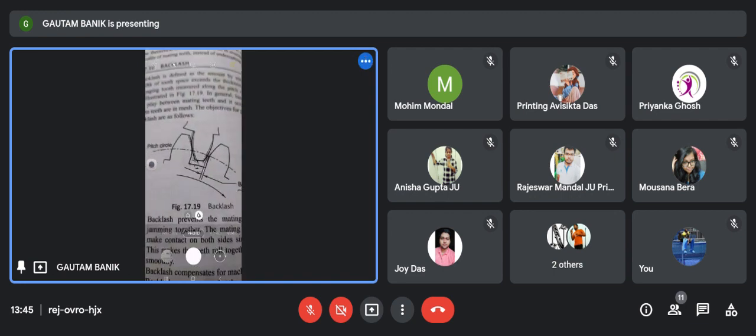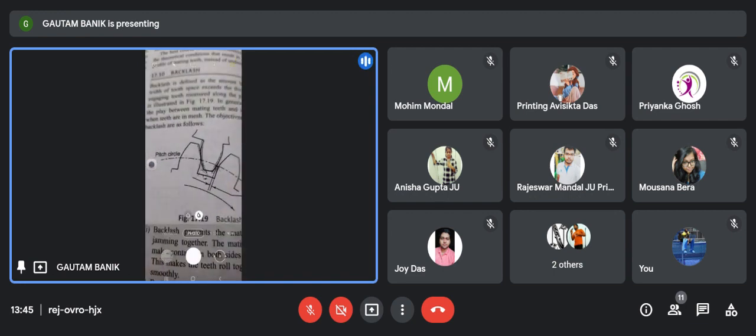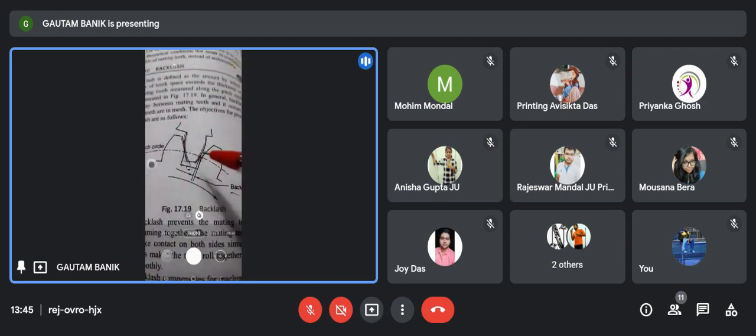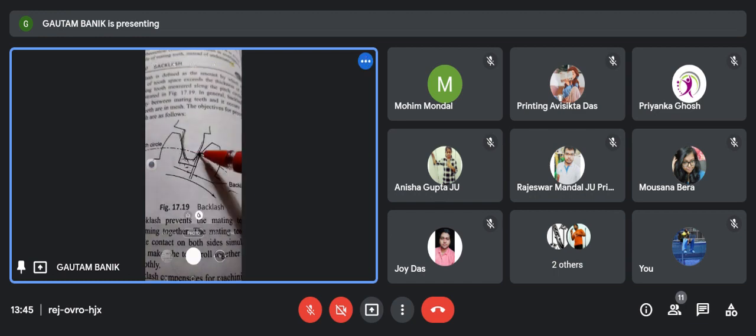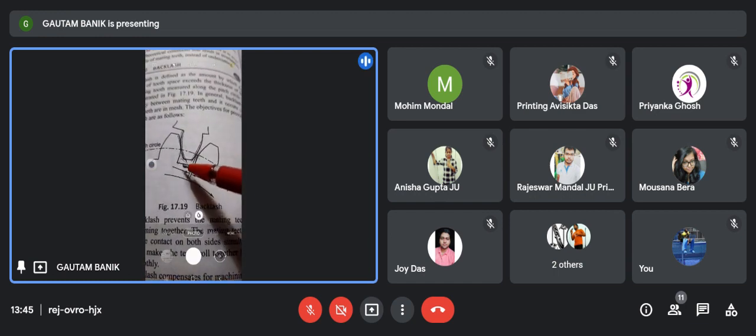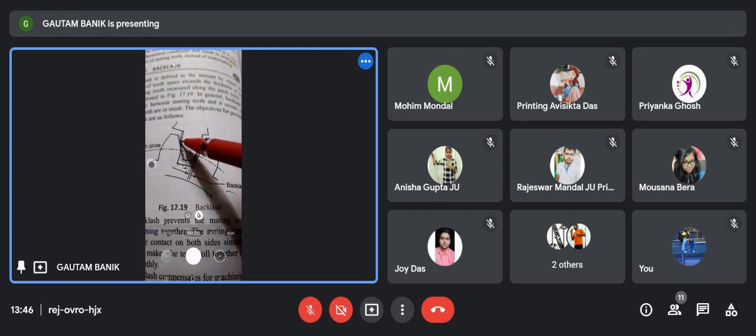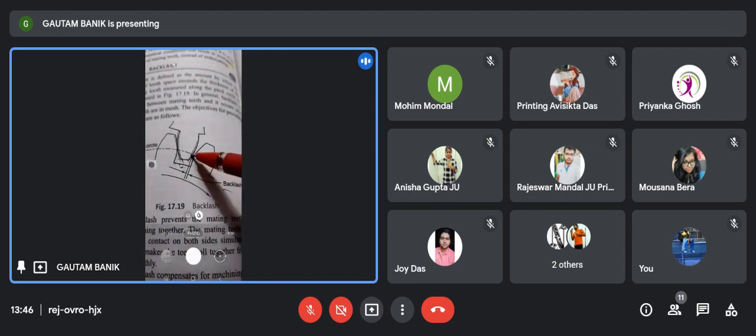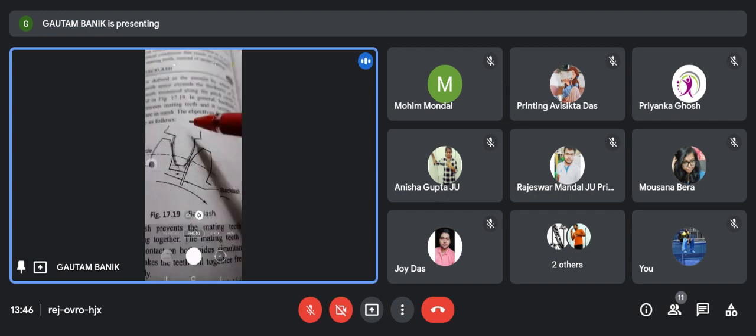On the pitch circle, there is a gap between the gear teeth and the tooth space. This is the gap. This part is called the backlash.